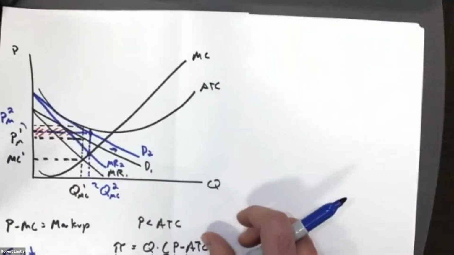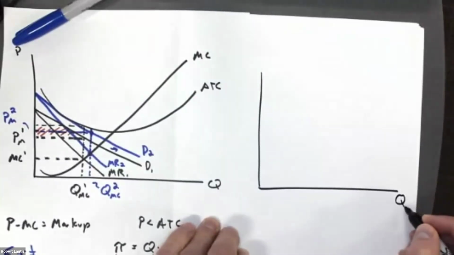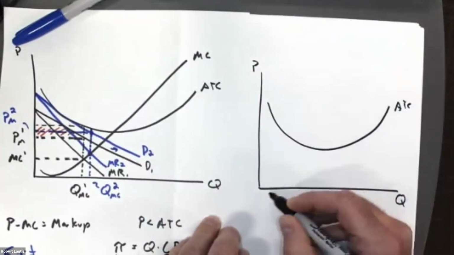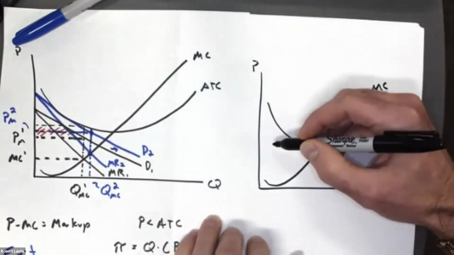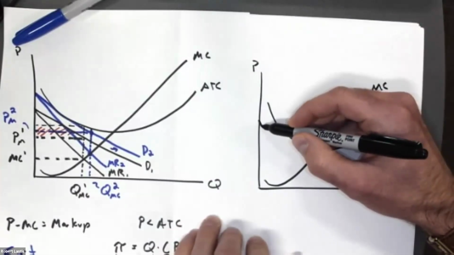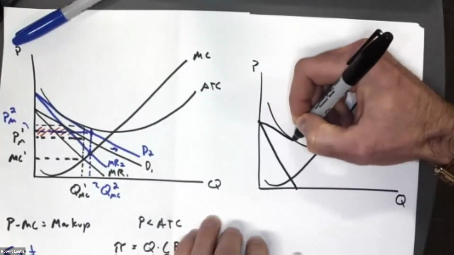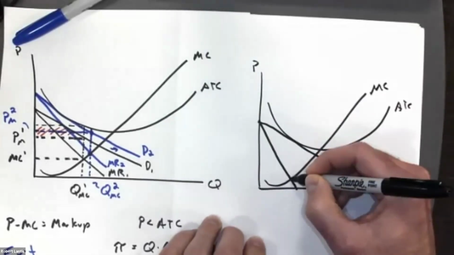until we get to this point where in the long run, I've got my average total cost curve here, my marginal costs. So here's my demand curve, here's my marginal revenue curve.